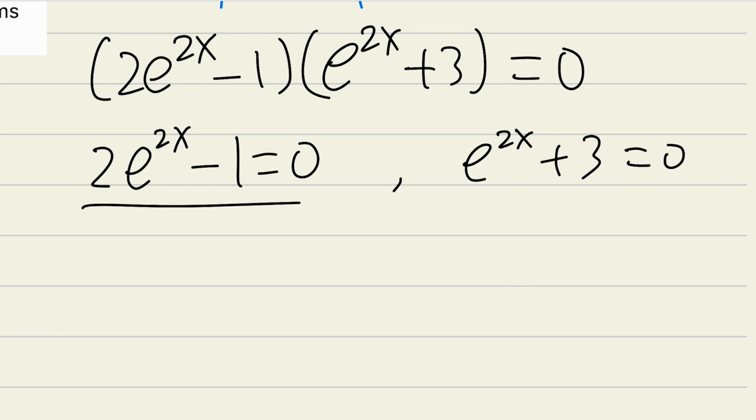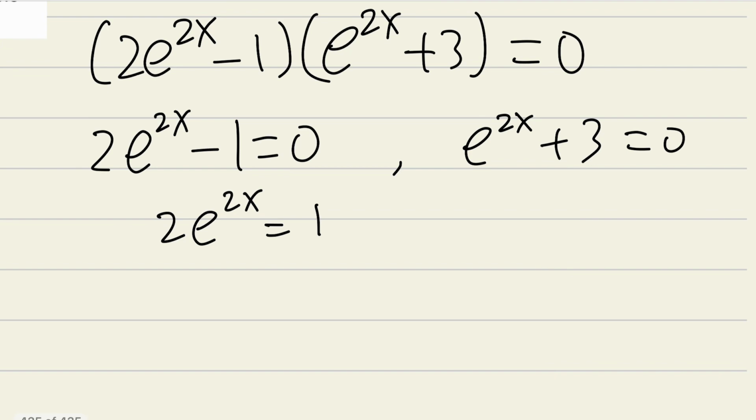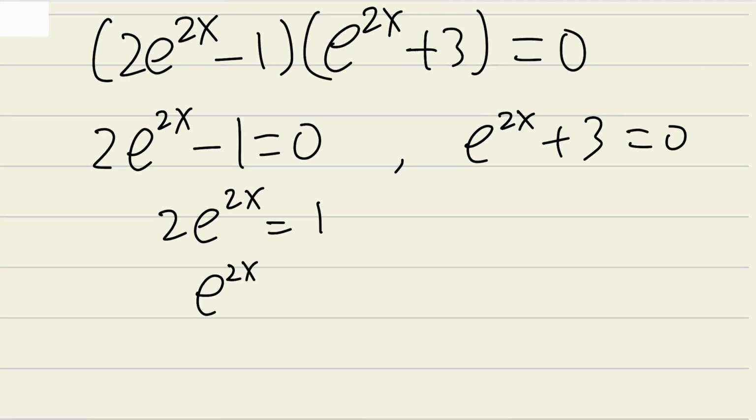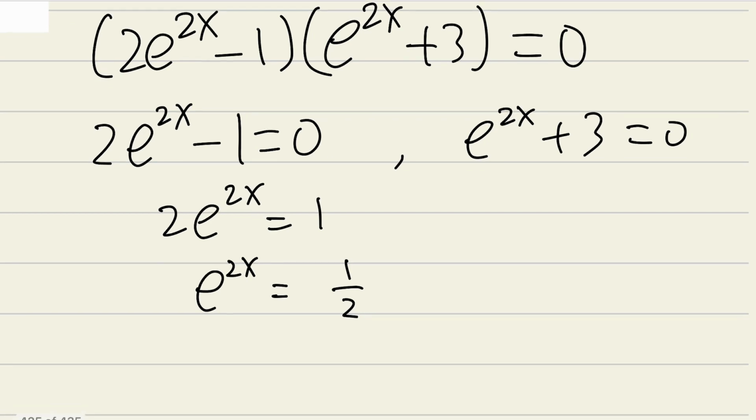For the first one, let's add 1 on both sides. So we have 2e^(2x) = 1. Divide by 2 on both sides, we get e^(2x) = 1/2. You see that the x is in the exponent, so let's take the natural log first, so we can get rid of the e.